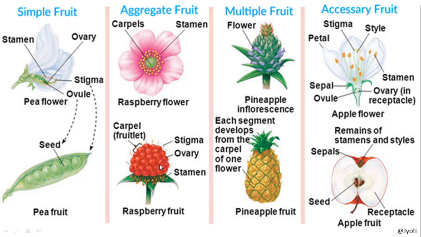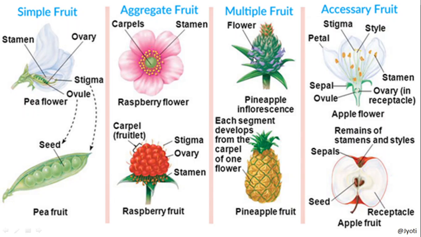Then next come to multiple fruit. A multiple fruit is always developed from an inflorescence. Here you can see a group of flowers. These purple colored structures are the individual flowers. And this is the structure of a pineapple inflorescence where many flowers are aggregated together.